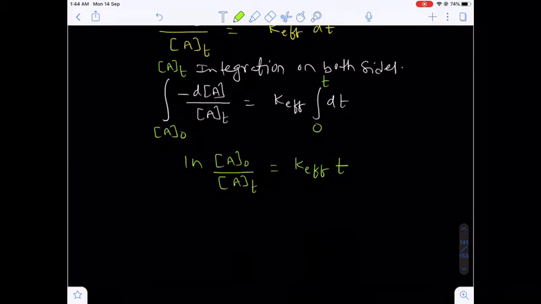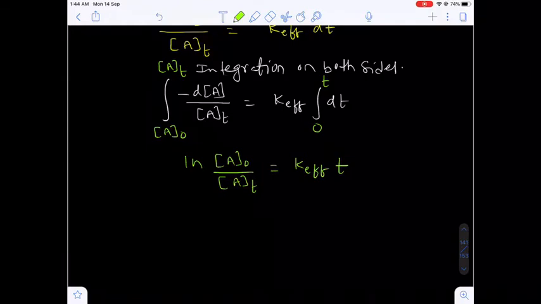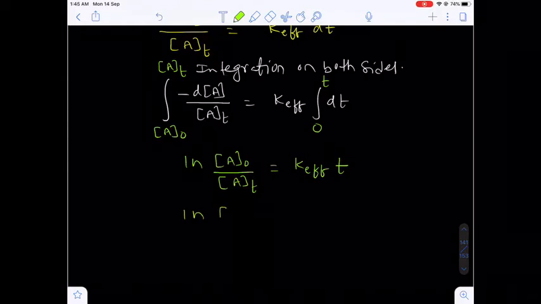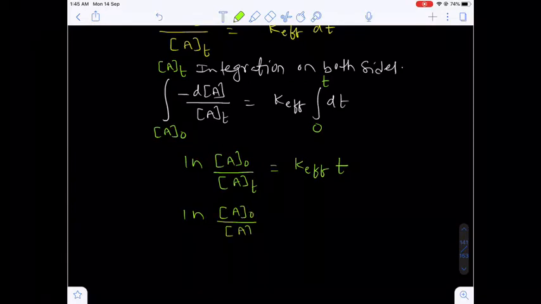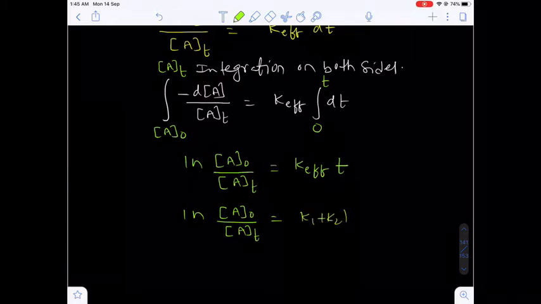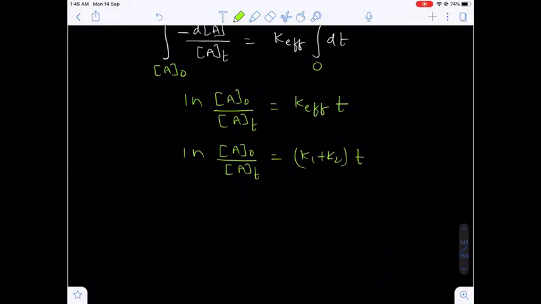Now what is K effective? K1 plus K2. So here I am writing ln A0 upon At equals K1 plus K2 times the time. Are you getting my point?